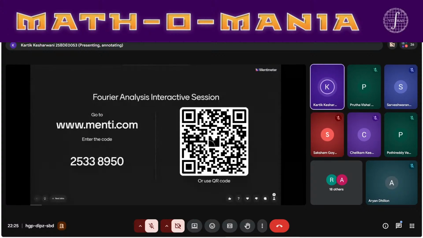So guys, you can either scan the QR or go to the website and enter the code, and you can join the quiz part.